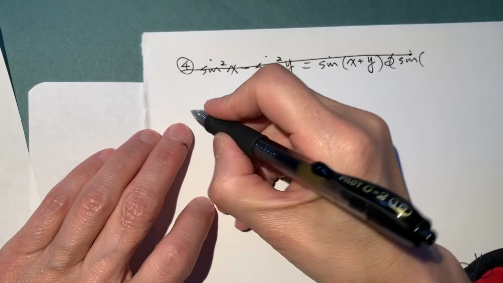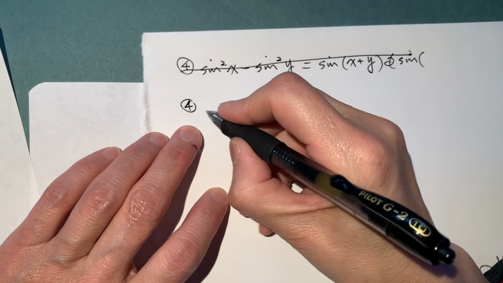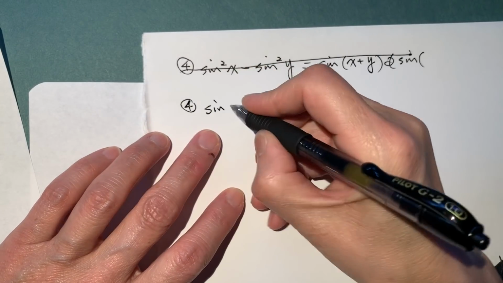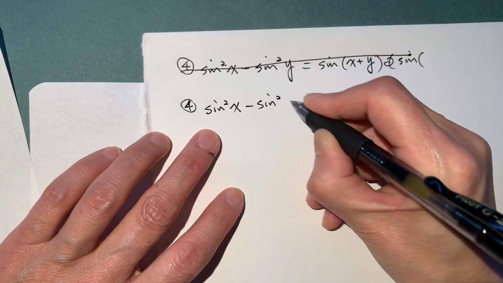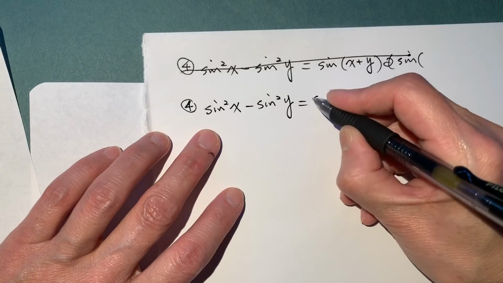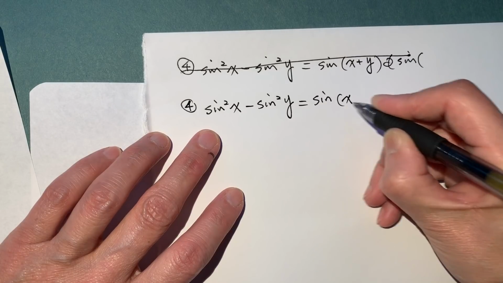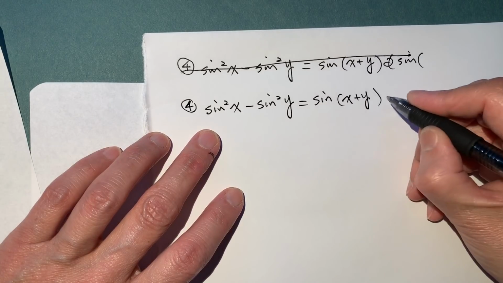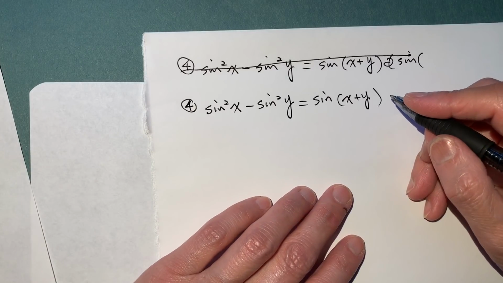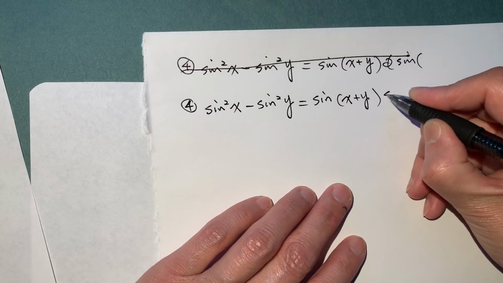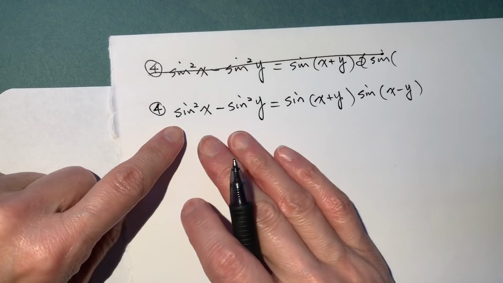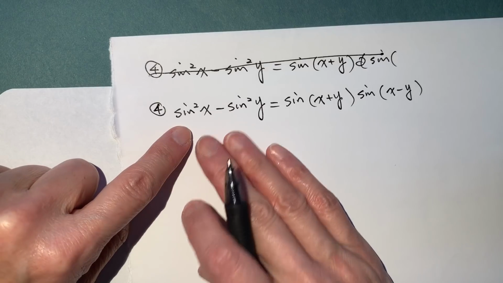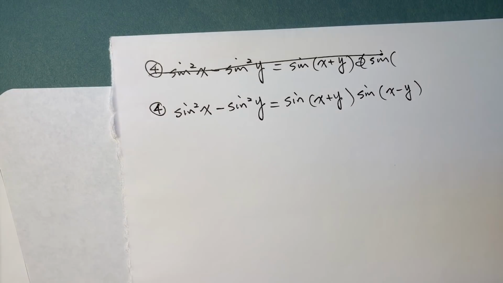Okay, I will recopy it. Question number 4: sine square x minus sine square y equals sine of x plus y times sine of x minus y. So how do we prove it? On the left side seems simpler, so I will work on the right side.